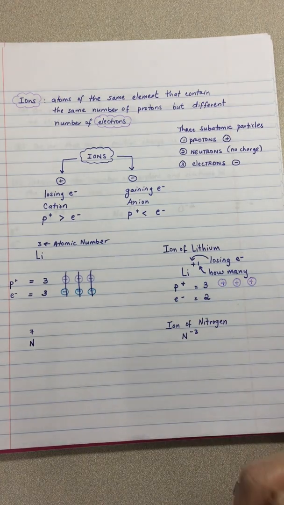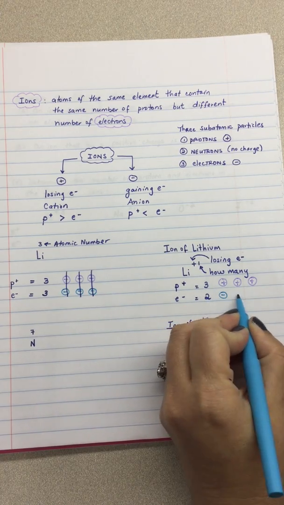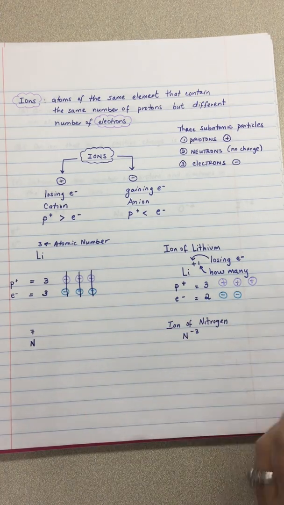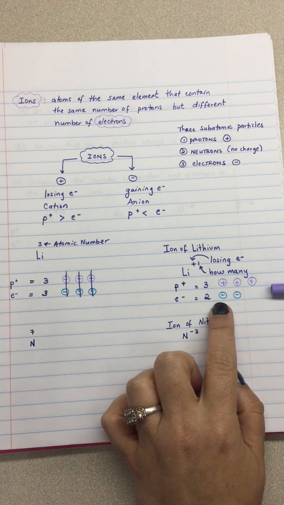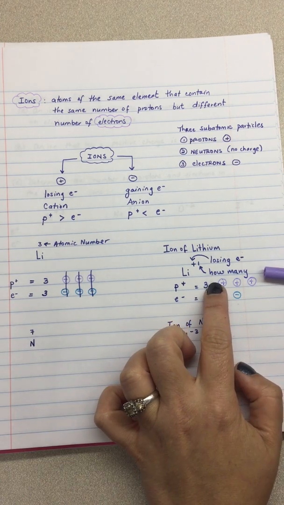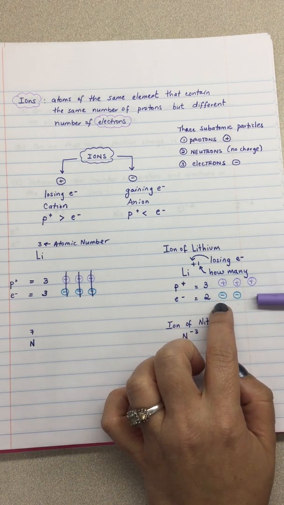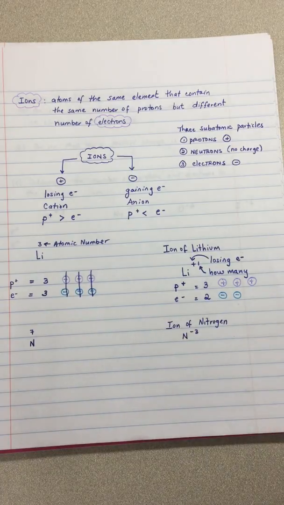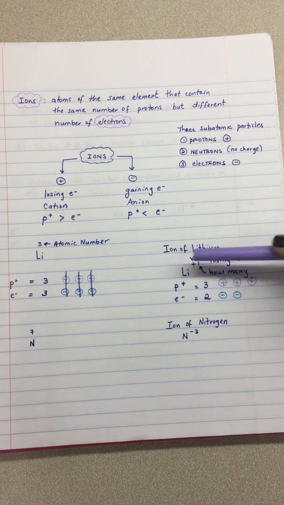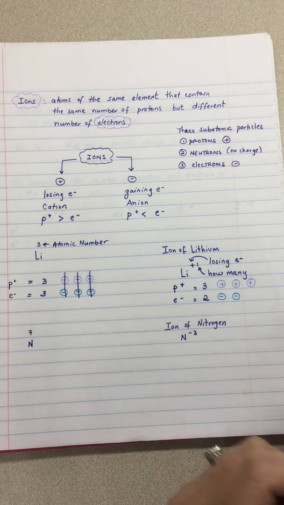But lithium plus 1 is losing 1 electron, and now you have only 2 electrons, not 3. So when you check your charges, if you add 3 positive charges plus 2 negative charges, that will give you an overall number that is positive 1, which is the charge of lithium because it's losing 1 electron.